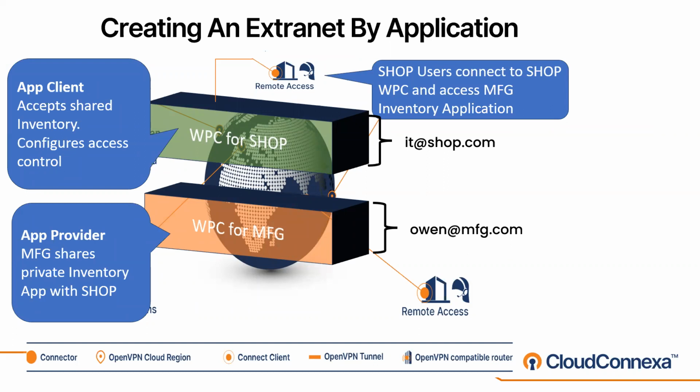So he's sharing that application with IT at shop.com. And then the store associates can just connect to the WPC for that vendor shop and get access to the inventory from the manufacturer to place orders and to check inventory counts.